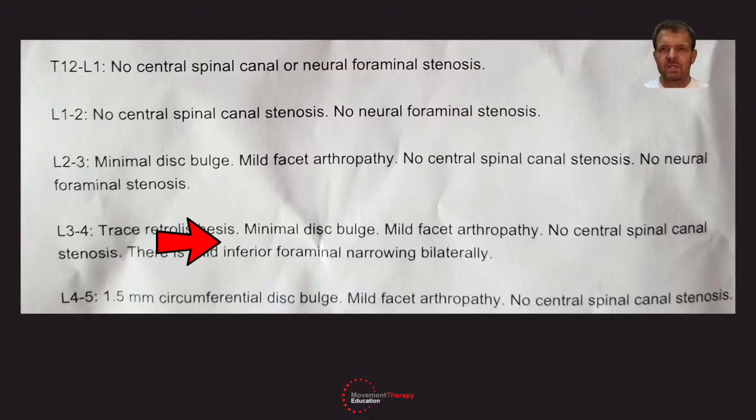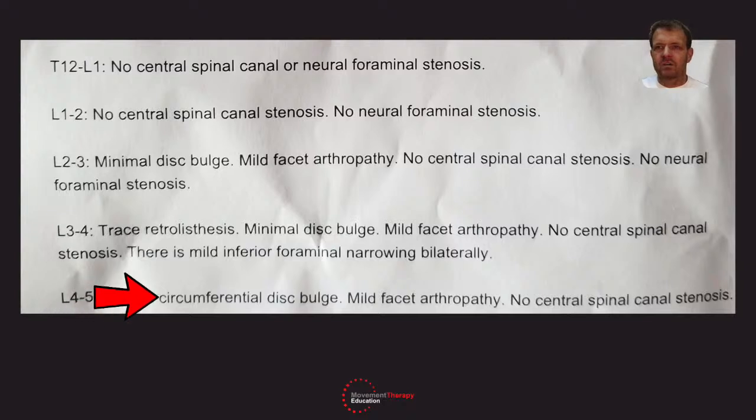And there is a mild inferior, so underneath, foraminal narrowing, so the beginnings of a stenosis bilaterally, on both sides. So where the nerves come out, there's a little bit of narrowing on both sides. So that's the finding there.